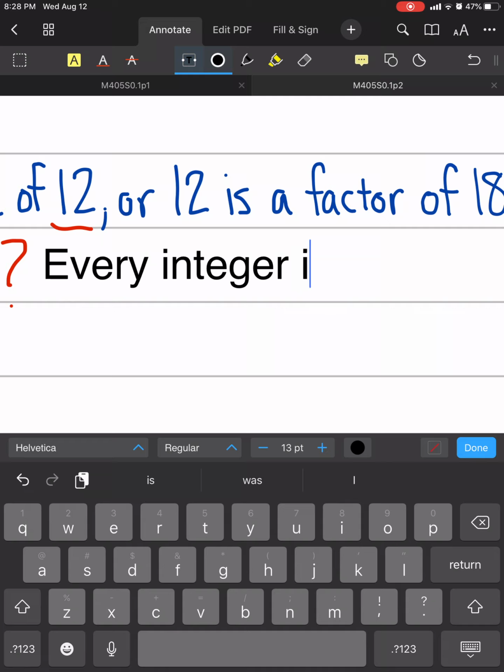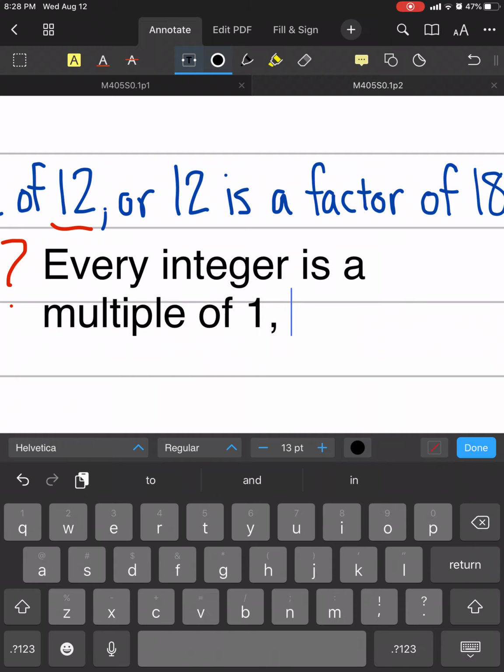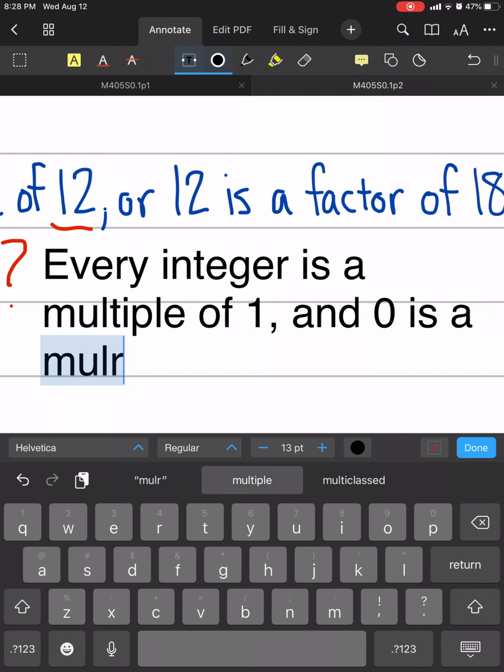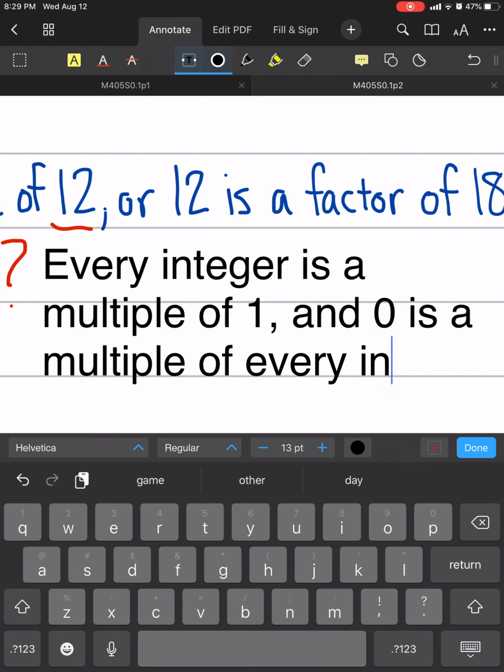Every integer is a multiple of 1. And 0 is a multiple of every integer.